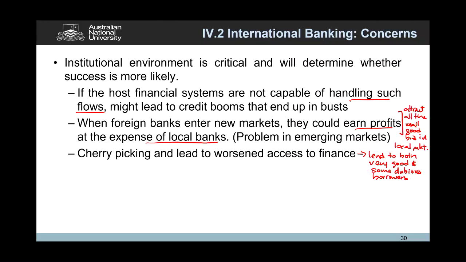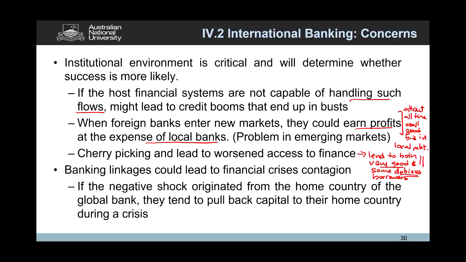Well, you're more certain that you're going to get your money back from those with very good credit ratings to offset the risk that you have higher risk from those with less credit ratings, which are the subprime borrowers. And once all of the really good ones goes to international banks, then the really bad ones are left with the local banks. So the local banks are going to have much higher risks to default, to bad loans, and so on. So that's going to be bad for the local market.